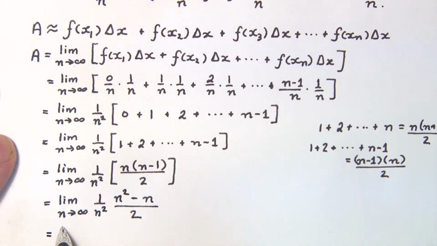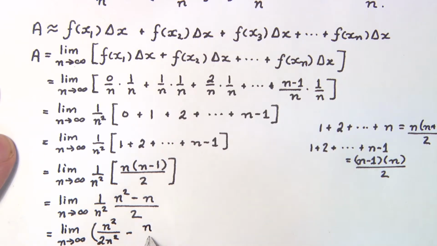So that's equal to the limit as n goes to infinity of n squared divided by 2n squared minus n divided by 2n squared.